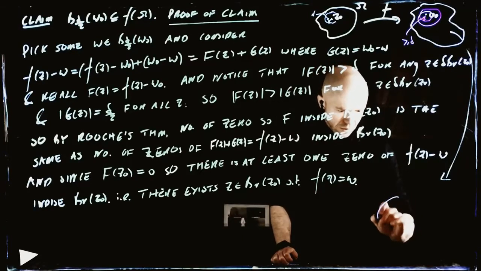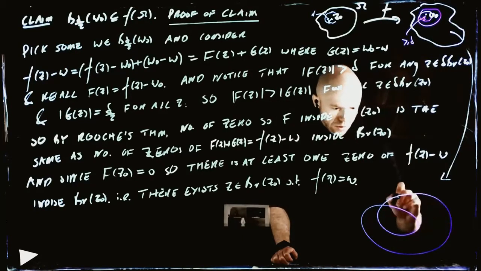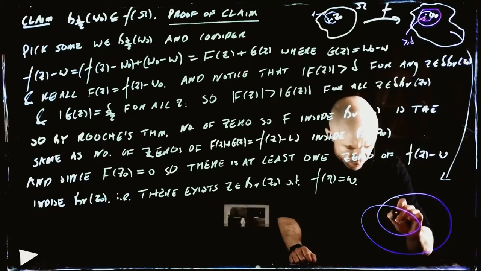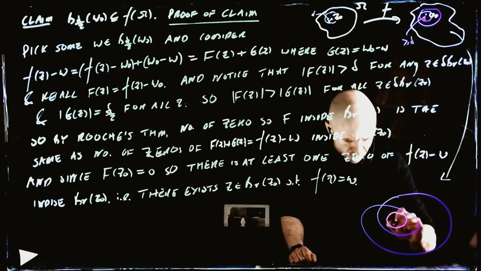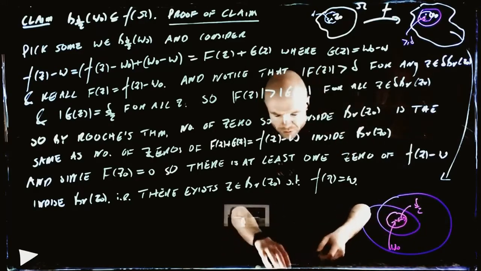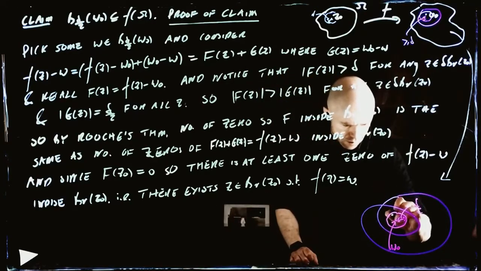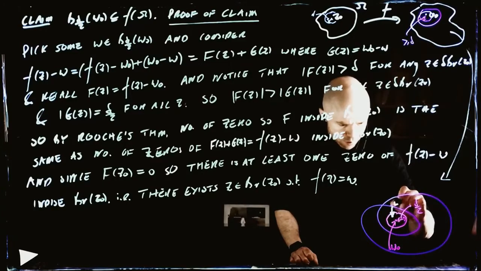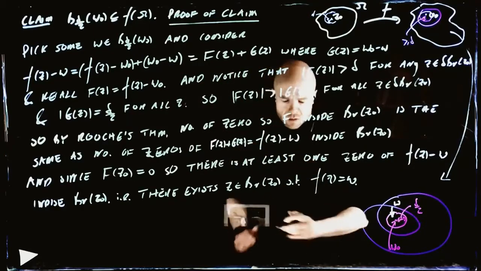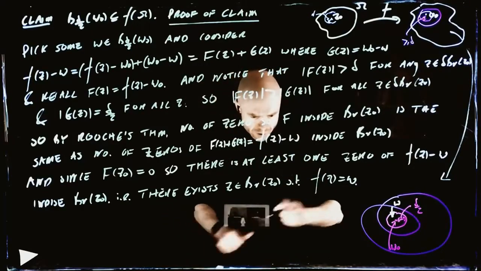If we have a ball of radius delta over 2 around this point w0, so this is w0 here, and this is the radius delta over 2, then for every single w inside here, so we picked some w right at the start of the argument, then there exists some z.